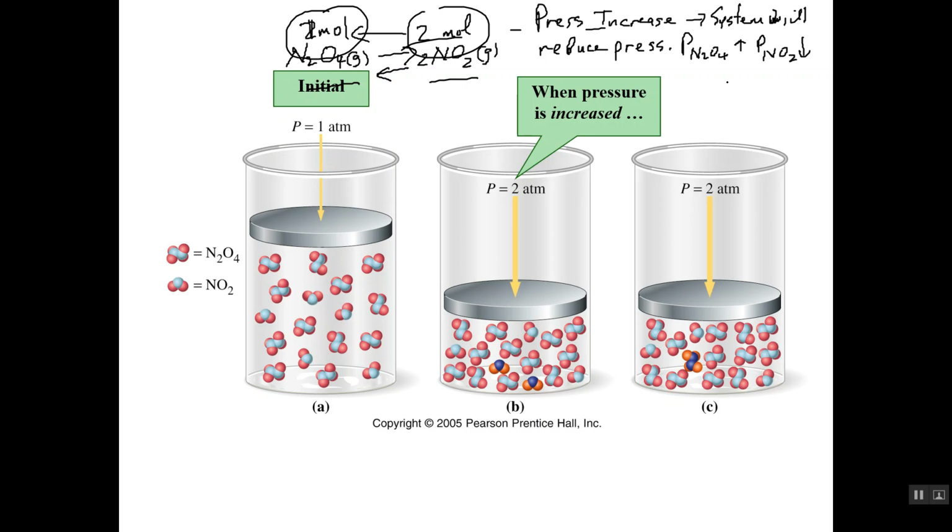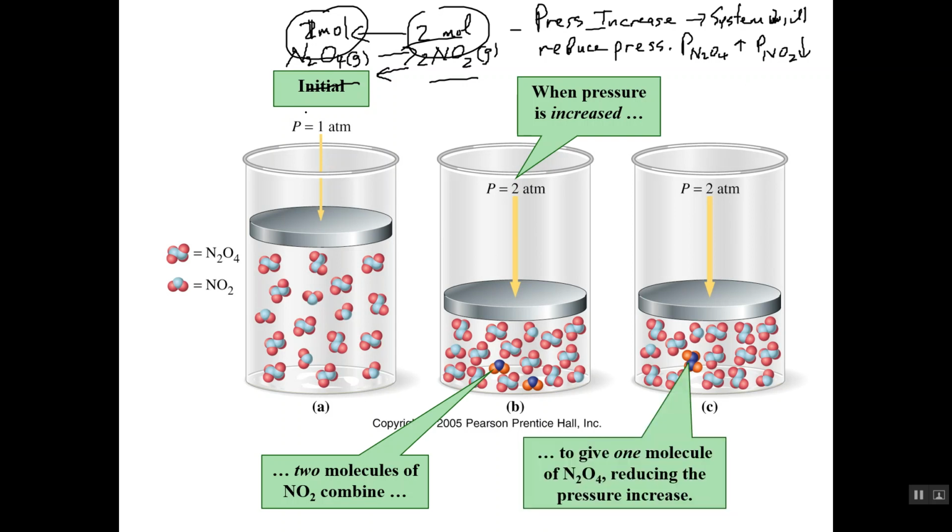And that is what you're going to see here as you go from here to here, ultimately ending up here, where you're increasing the number of molecules of N2O4, which would result in a reduced pressure. Here we actually have a mixture of NO2 and N2O4.